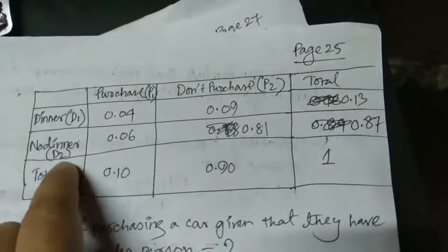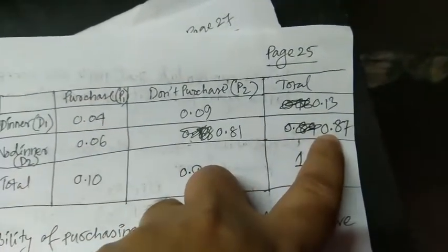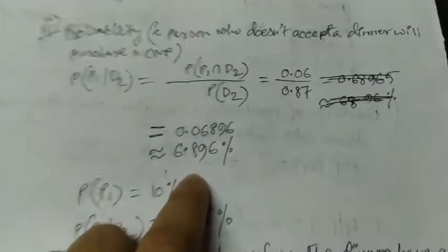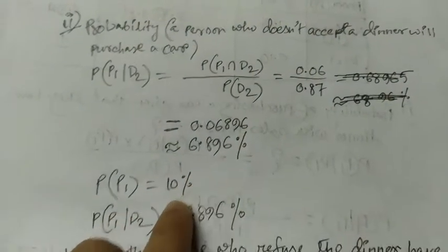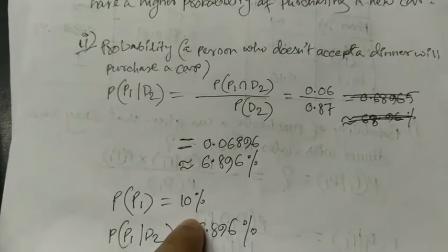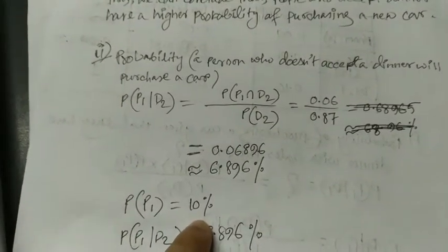Probability of D2, this is the D2 row, is 0.87. If you divide, we get 6.896%.